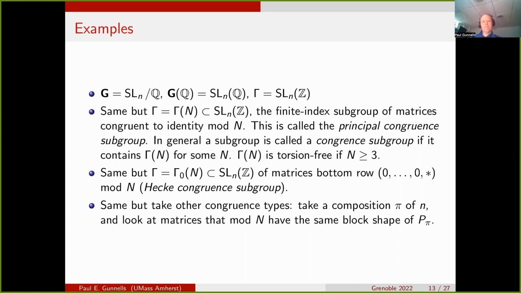This is called the principal congruence subgroup, sort of the main one. In general, a subgroup is called a congruence subgroup if it contains Gamma(N) for some N. It has this great feature that it's torsion-free, so SL_n(Z) contains a torsion-free subgroup of finite index. That's sometimes called virtually torsion-free.